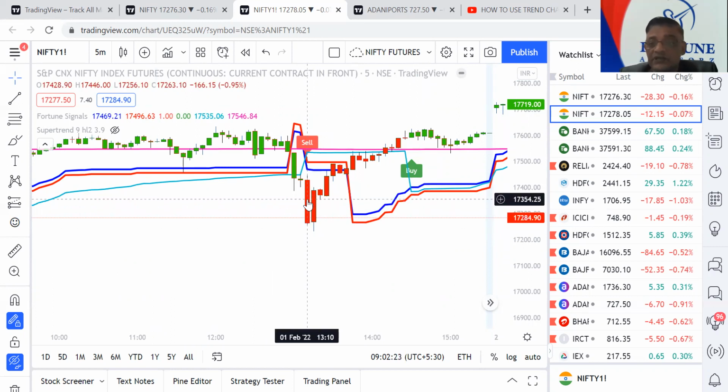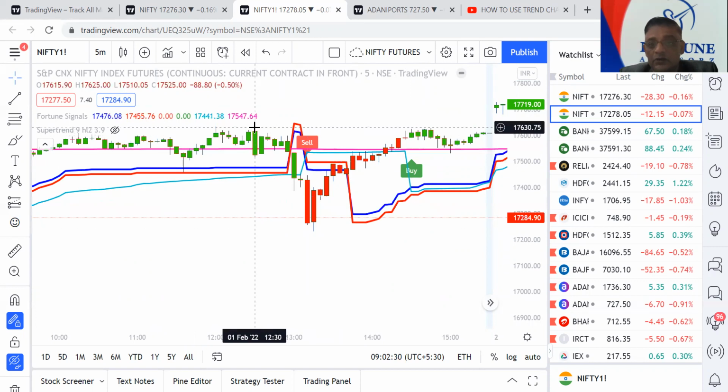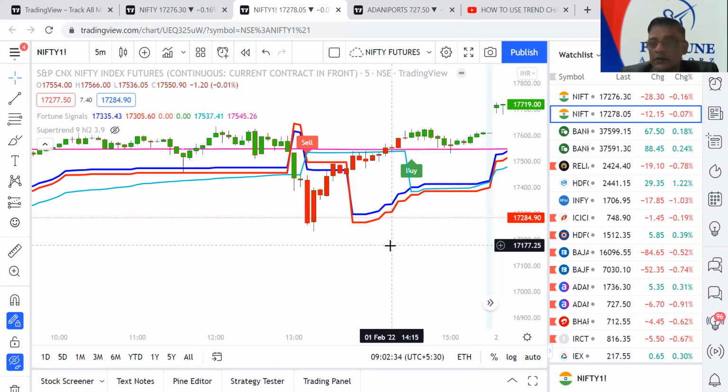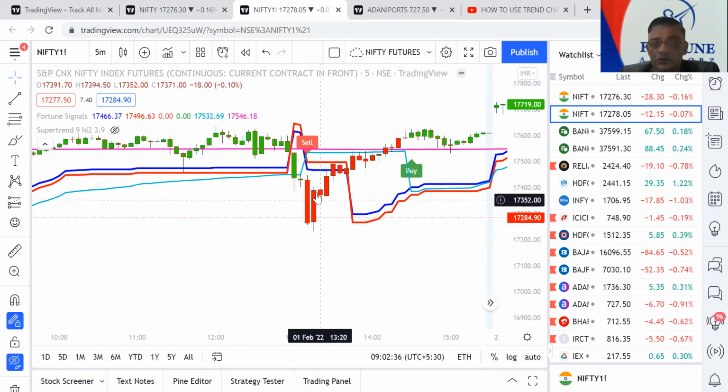Otherwise it is not a genuine sell, and it will send the retail people out of the system, because you cannot tolerate roughly a 300 point fall, and people will definitely panic. So this is where it will send the people out of the system, but my indicator will exactly capture that is the bottom, so we will go long here.